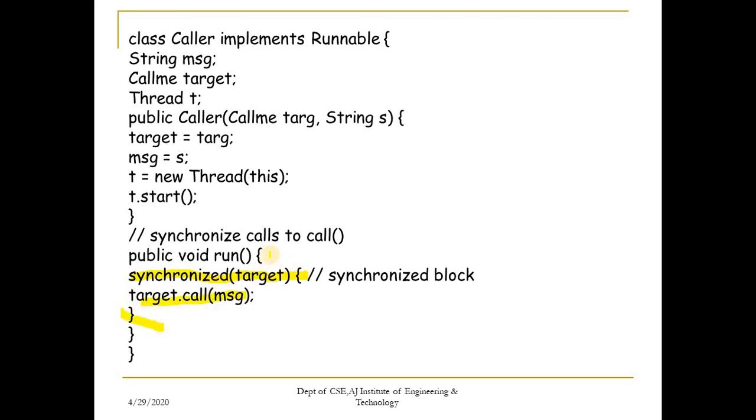Correct? Synchronized, the object is target over here. Object is target, target.call. So you are going to call the call method within the synchronized block over here. You will be calling the call method within the synchronized block.